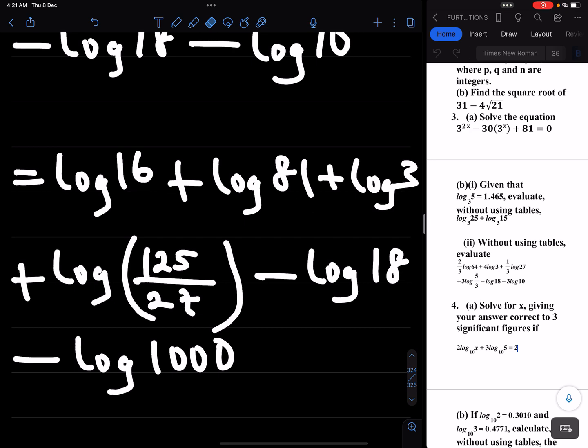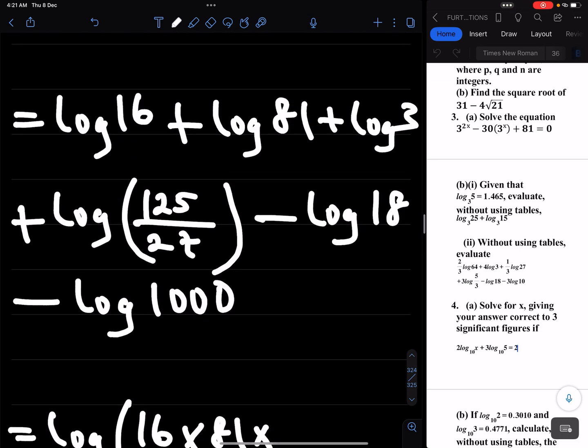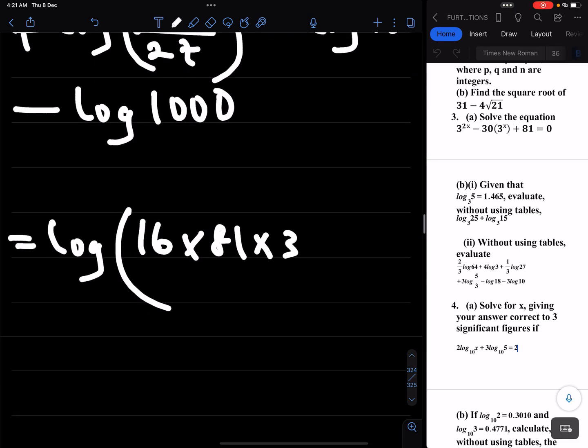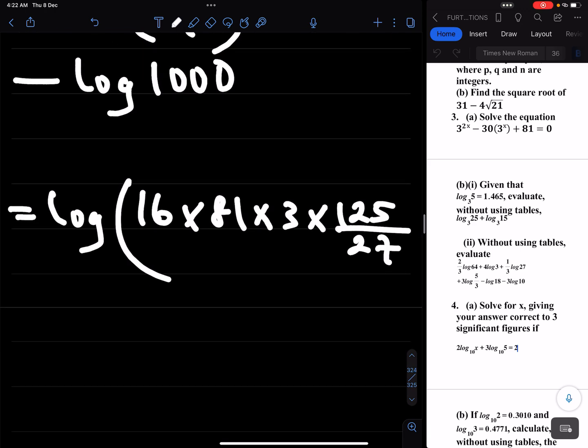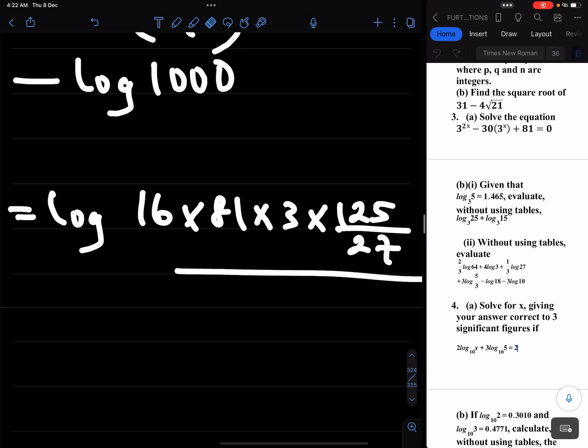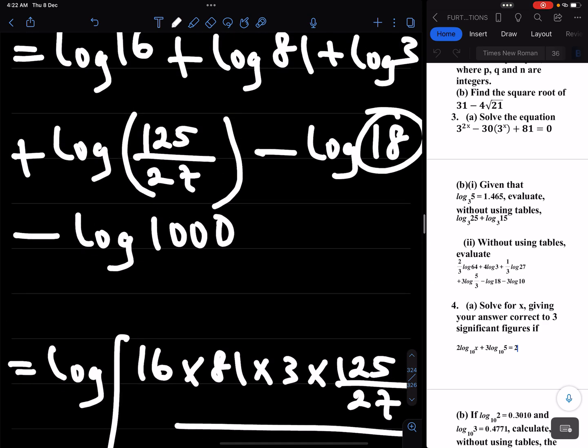Yes, write that first. 16 times 81 times 3 times 125 all over 27, divided by, the ones that are negative will be division, divided by 18, divided by the product of 18 and 1000.